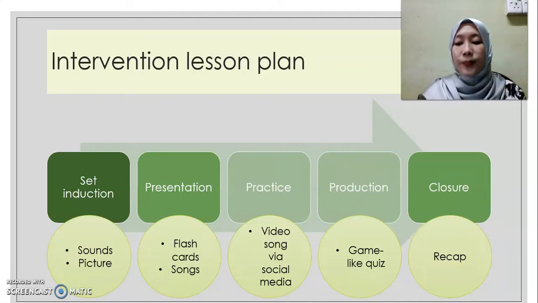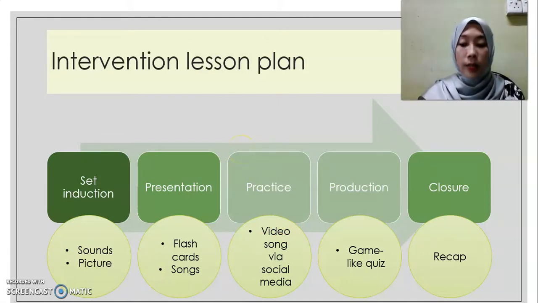This means that multimodal approach does not limit or fix the incorporation of which modes to use in which stages. As you can see here, these are what I incorporated, but teachers can incorporate their own preferred modes to use in the stages of their lesson planning.